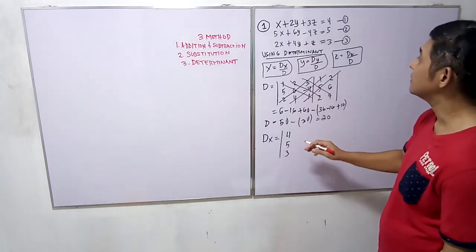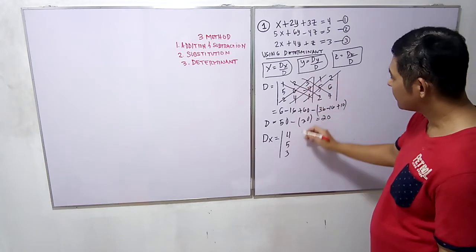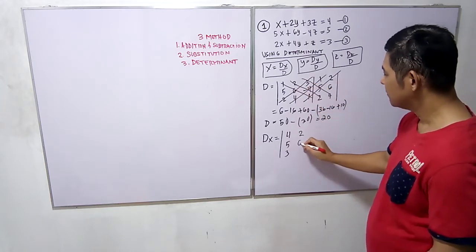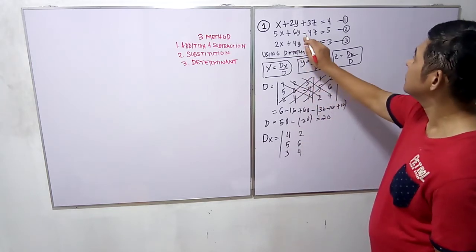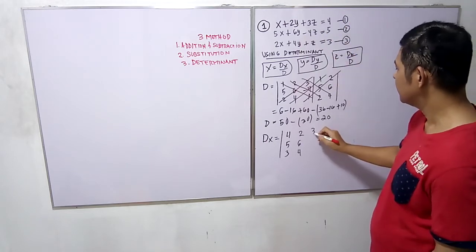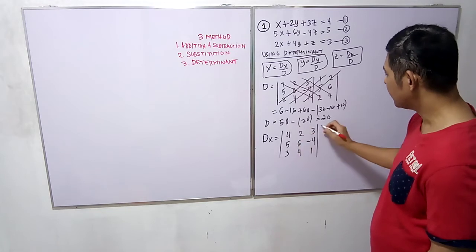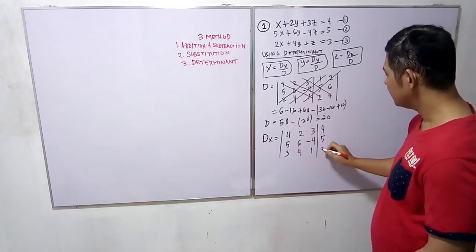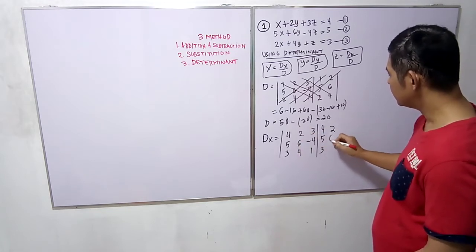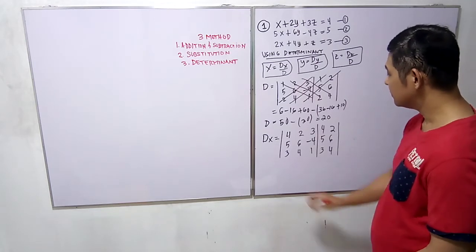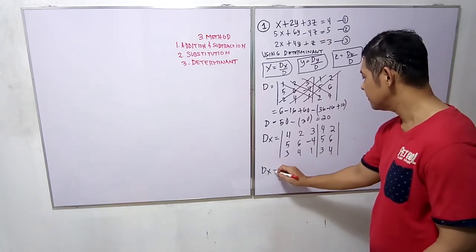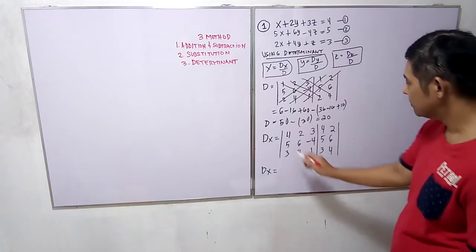Tapos ito mariremain 2, 6, 4. Tsaka 3, negative 4, tsaka 1. Therefore, gagayahin lang natin ito. And then 2, 6, tsaka 4.